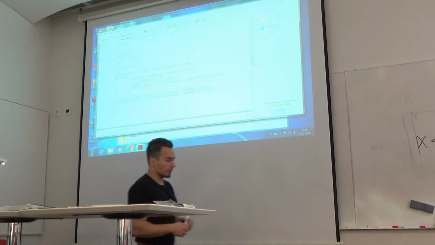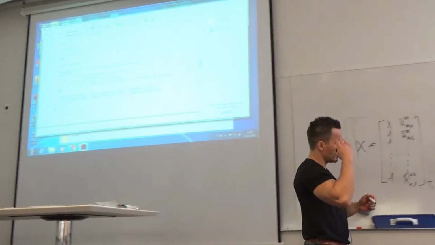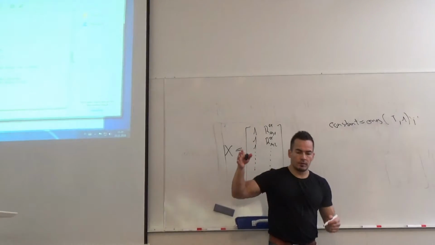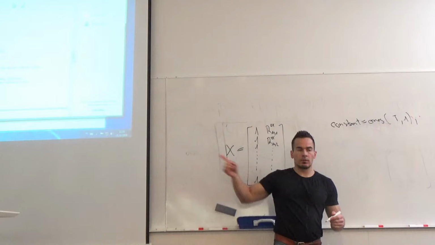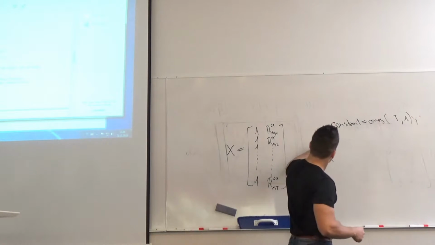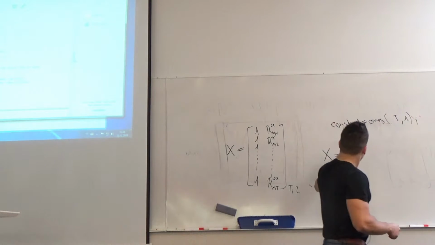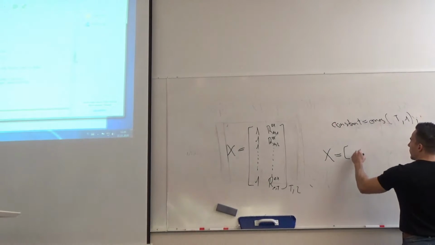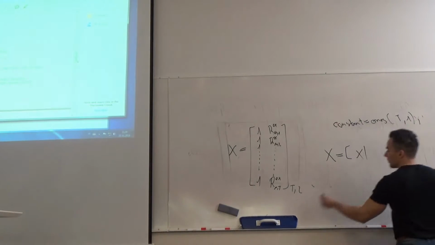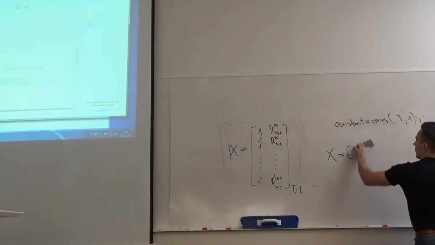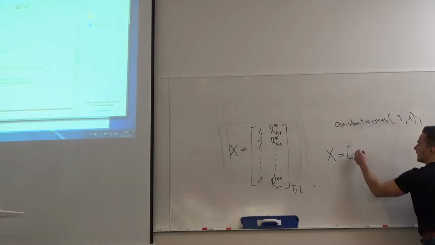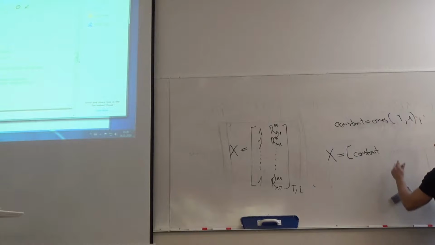So we have already stored the excess return vector, which is x1. The only thing that we have to do is plug in the vector of constants, which we have denoted as constant, and x1.